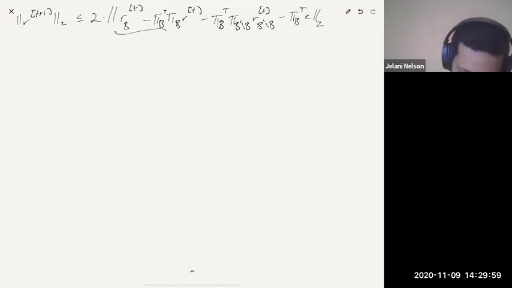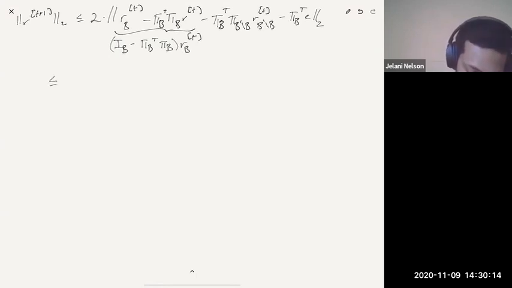So this is the same thing as, I'll say, identity B, the identity matrix restricted to the columns in B, minus pi B transpose pi B times R B T. Okay.